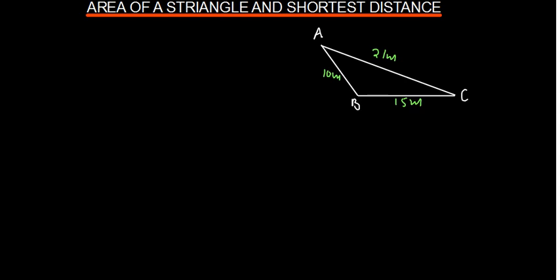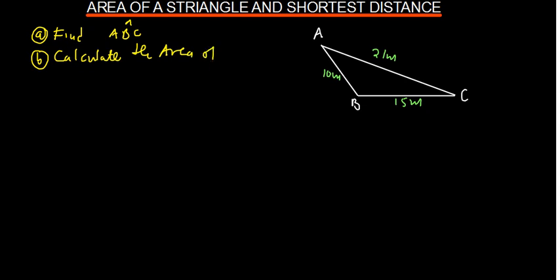We're going to have three questions. First, find the angle ABC. Next, calculate the area of triangle ABC.